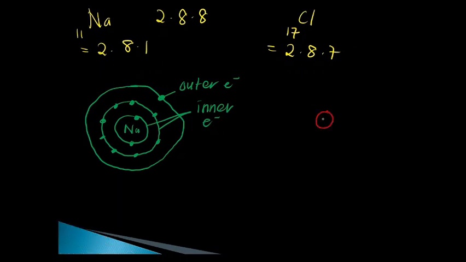For Cl, the first shell consists of 2 electrons, the second consists of 8 electrons, and the third shell consists of 7 electrons.